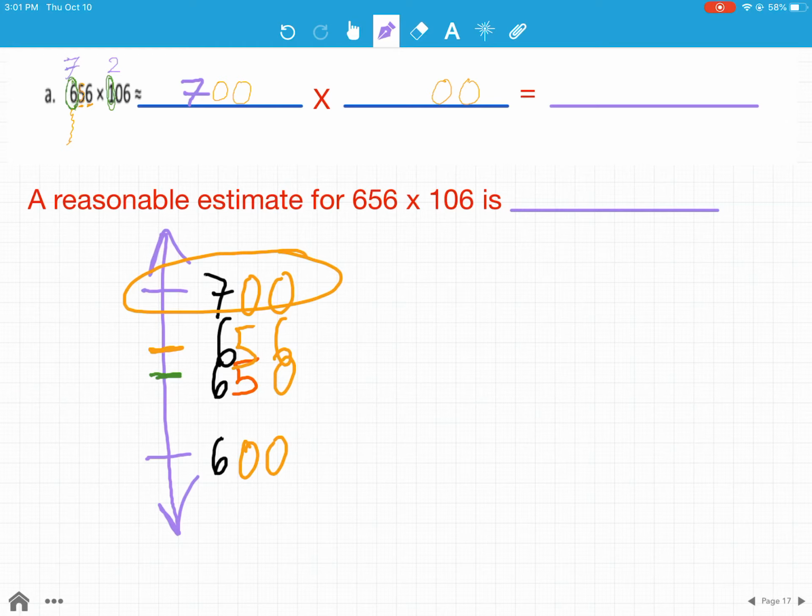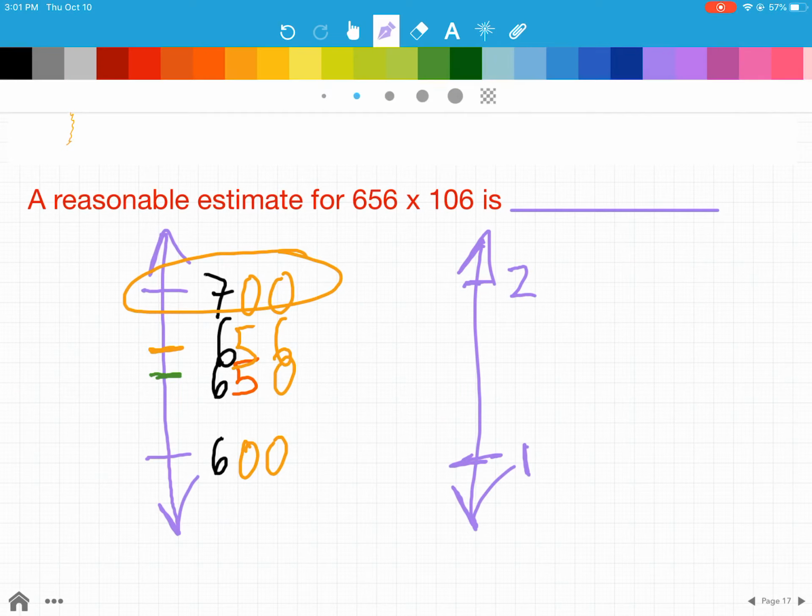Okay, and now on the other one, we start off on the bottom with 100. How do I know? Because this is a 1. And on the top, we're going to have 200.